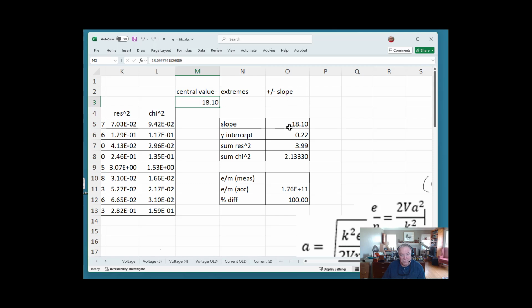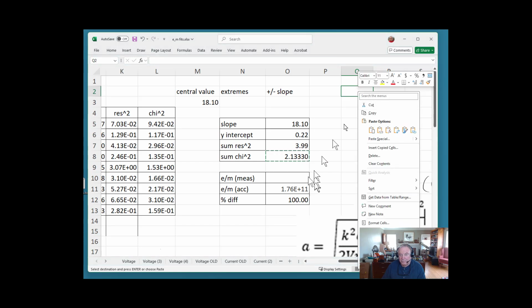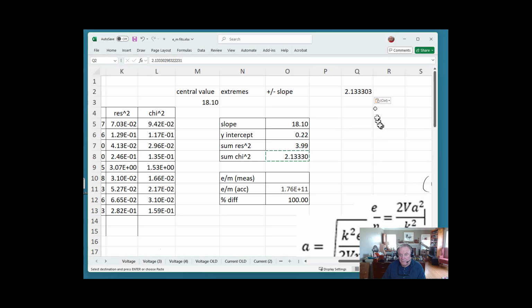Okay, now we want to go to the sum of the chi-square here, and we need that number. I'm not exactly certain if it's going to paste, so I'm just going to hedge my bets: I copied it, and now I pasted it as a number. This is the one we care more about with the rounding.